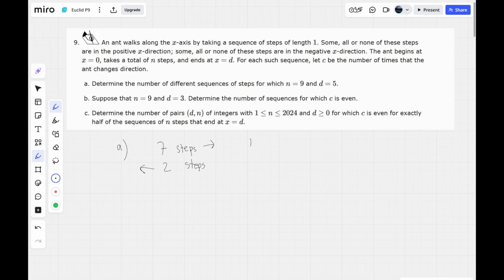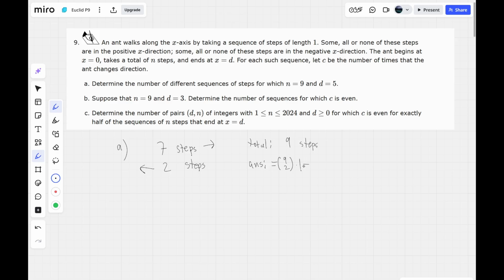So in total, 9 steps are taken. Out of these 9 steps, you can choose any 2 steps to be to the left, and the rest of the 7 steps must be to the right.